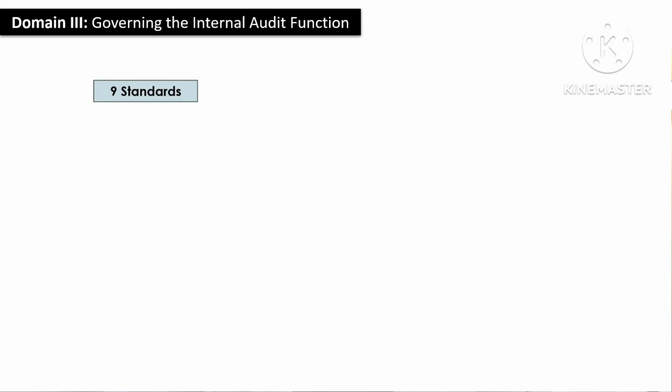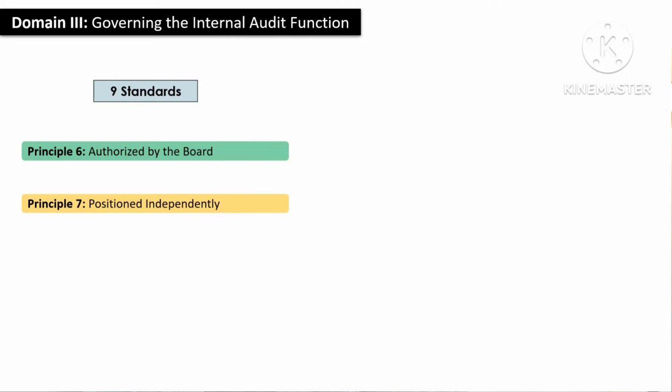So the third domain is about governing the internal audit function. The third domain has 9 standards. Let's quickly have an overview of it. The first principle linked with the third domain, principle number 6, is authorized by the board, then positioned independently and overseen by the board.